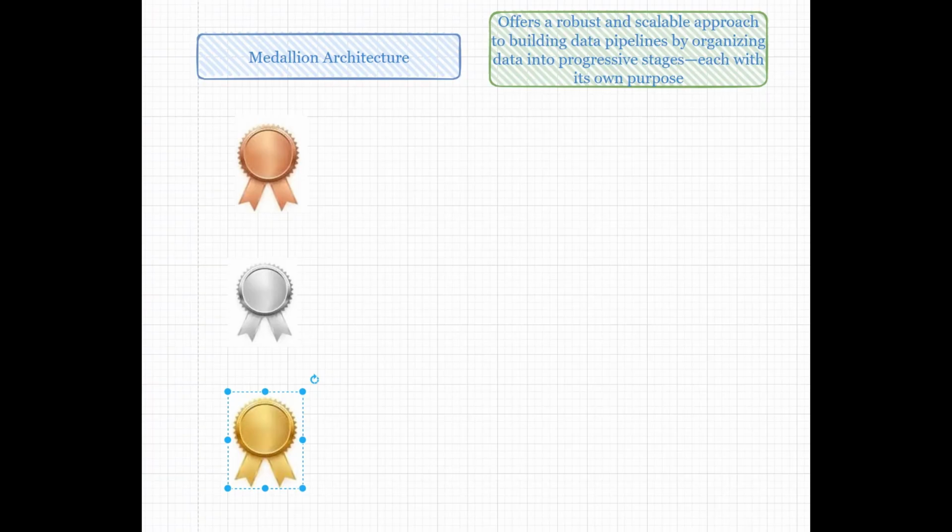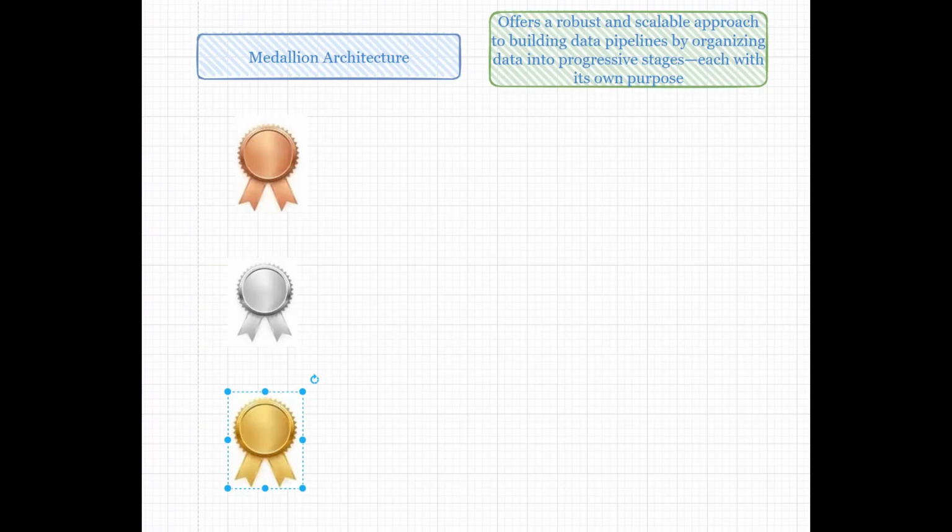So in a Medallion architecture, data is progressively refined as it moves from the bronze layer, which is nothing but the raw layer, to the silver layer, which is the cleaned and enriched data layer, and afterwards to the gold layer, which is the business ready data layer. The goal here is to ensure that we have scalability, performance, and high quality data at every stage.